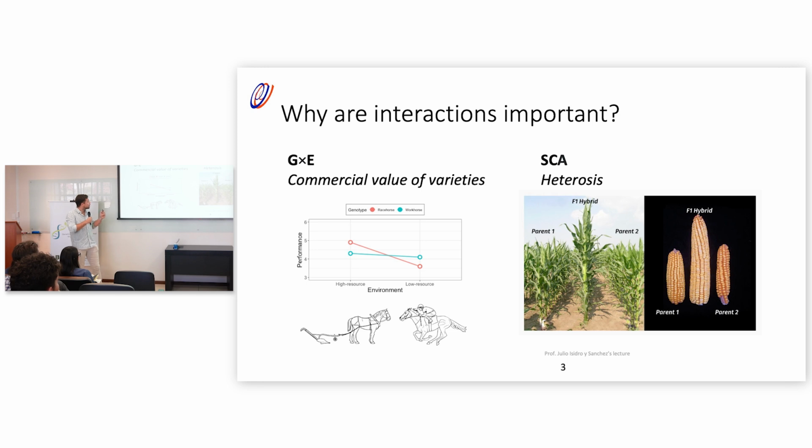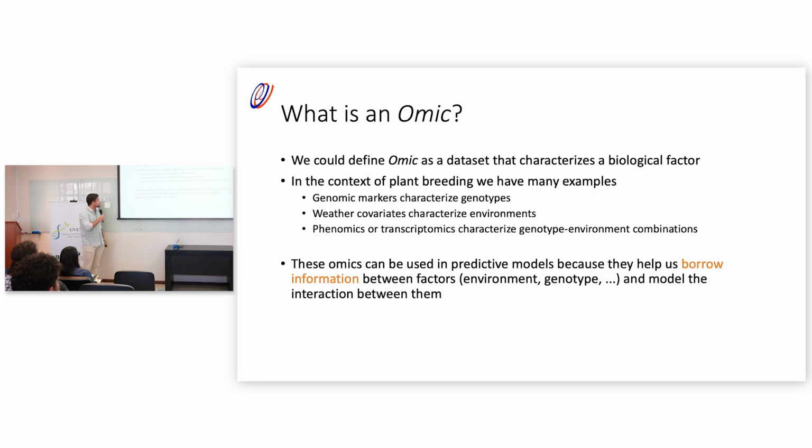Okay. And now, let's talk about omics. I like to define omics just as a data set that characterizes a biological factor that is interesting for a research question. So if we are working with plant breeding, we have environments, we have genotypes, we have treatments, we have management, we have a lot of things, and each of them are factors that we can characterize with the appropriate features.